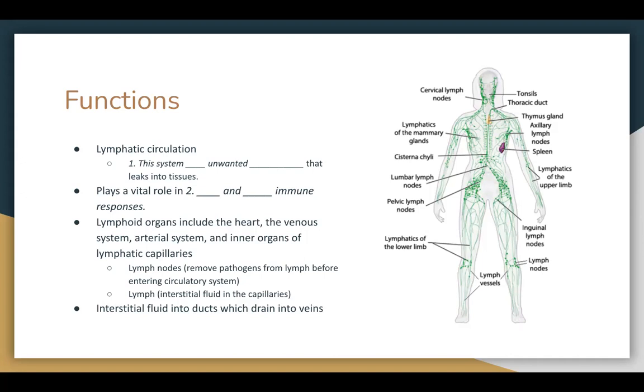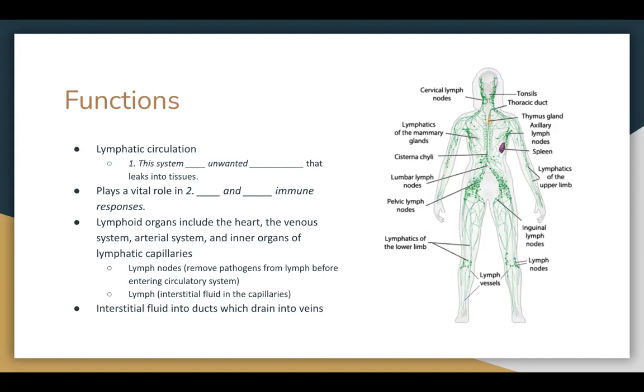That's why it's called interstitial. And this will collect into the lymphatic ducts, trunks, capillaries, and all of that stuff, like the lymphatic system, basically. And then it'll drain into your veins, part of your circulatory system. And this is how it will remove unwanted things in your body. So it can be thought of as a drainage system.